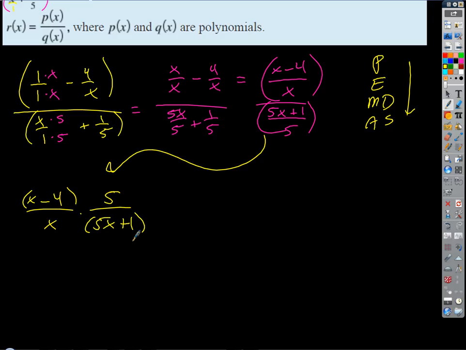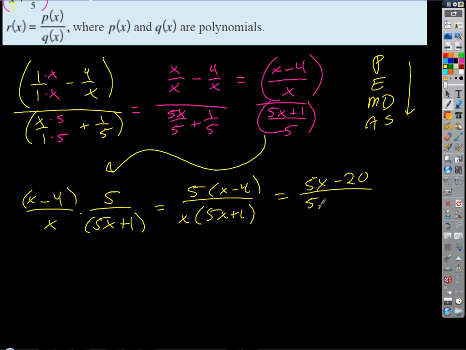You can leave it like 5 times x minus 4 over x times 5x plus 1. But if we were to distribute, this would give us 5x minus 20 over 5x squared plus x. I distributed the x all the way through and the 5 all the way through. Questions on that? Is that making sense?